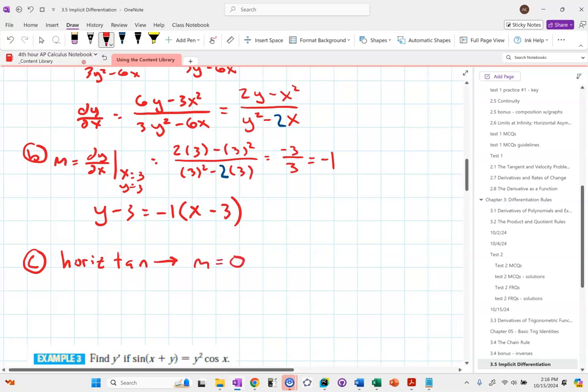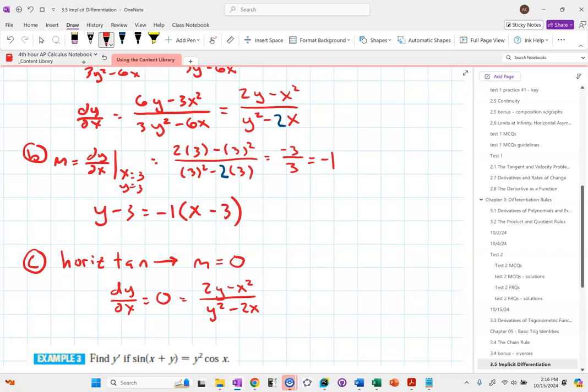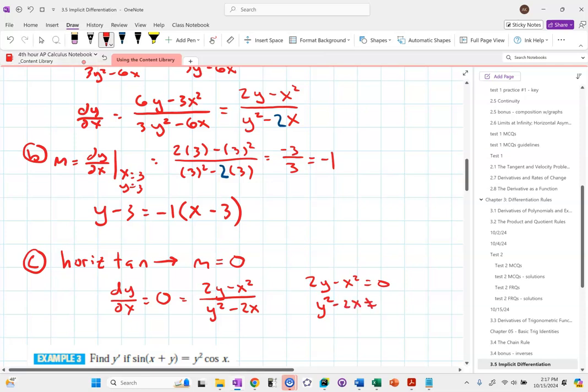So we just want to solve for dy/dx equal to 0, right? So when is a fraction equal to 0? When the numerator is 0 and the denominator is not equal to 0.